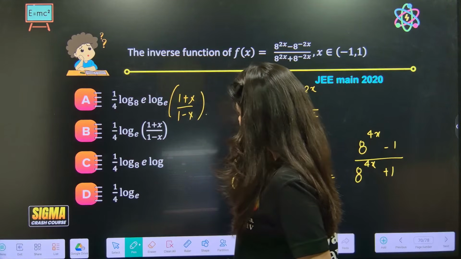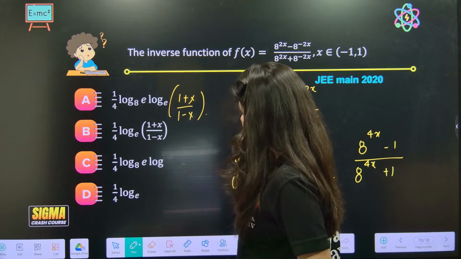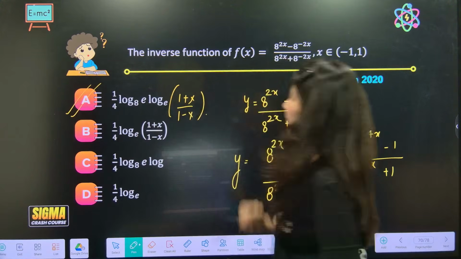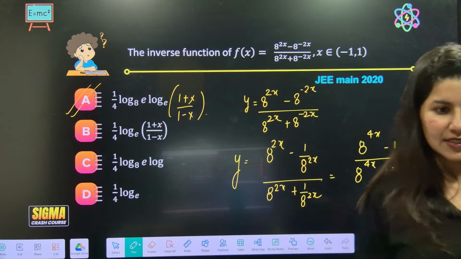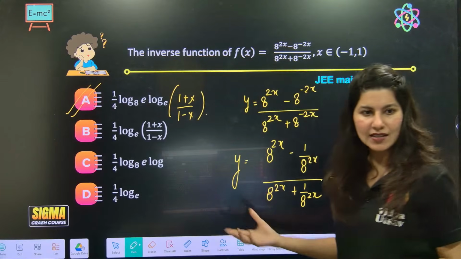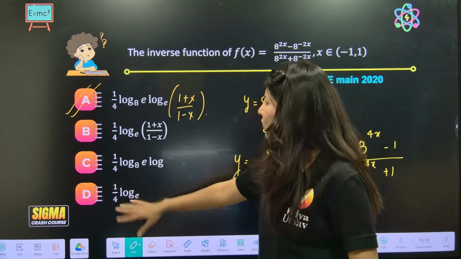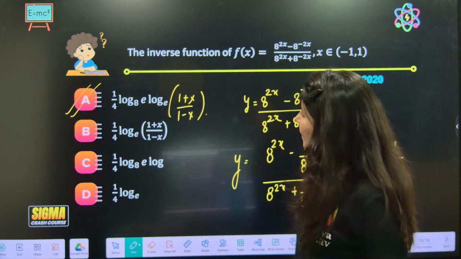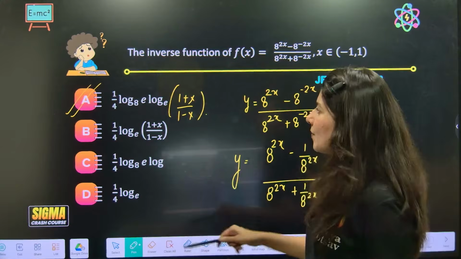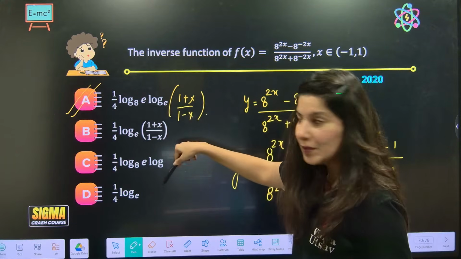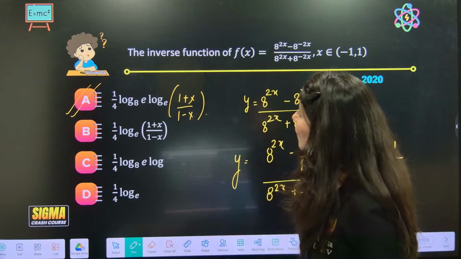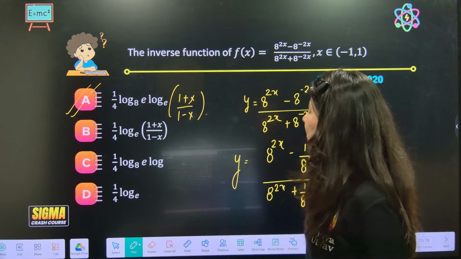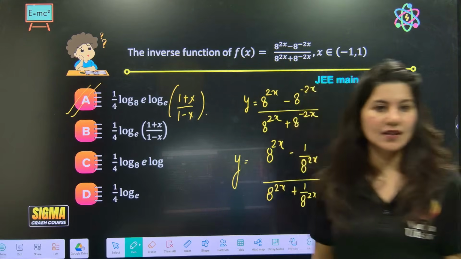So this is how it is going to be. My option A is the final answer. Yes, C also can be the answer because it's incomplete. Forget about the options, but yes, this is the format. Because if you open it, it will be log e upon log 8, and this is log (1 plus x) upon log (1 minus x) upon log e. Yes, this is the correct answer.